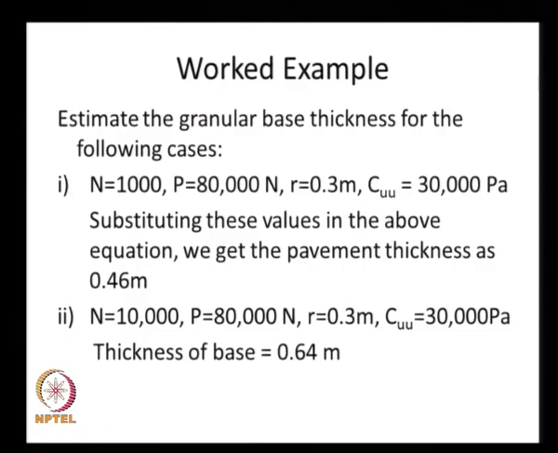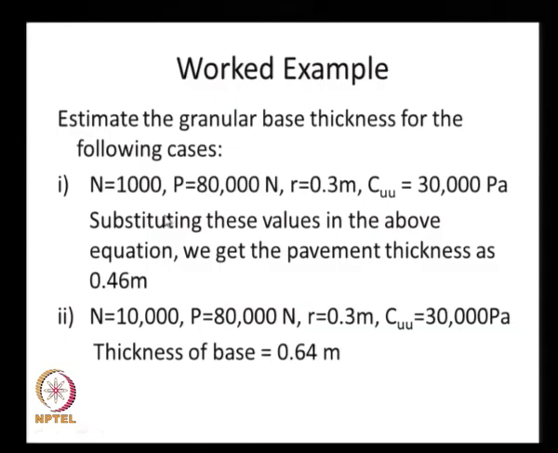Let us say that we have an axle load of 80,000 newtons and an allowable rut depth of 0.3 meters, and Cu is 30 kPa or 30,000 pascals, and the number of passes 1000 and 10,000. In the case of 1000 passes, if we substitute all the values, the pavement thickness comes out as 0.46.